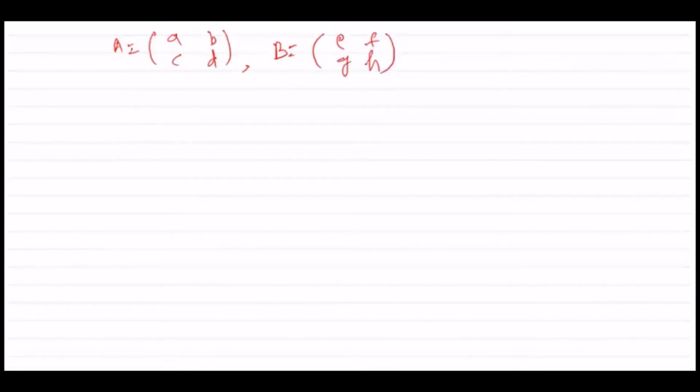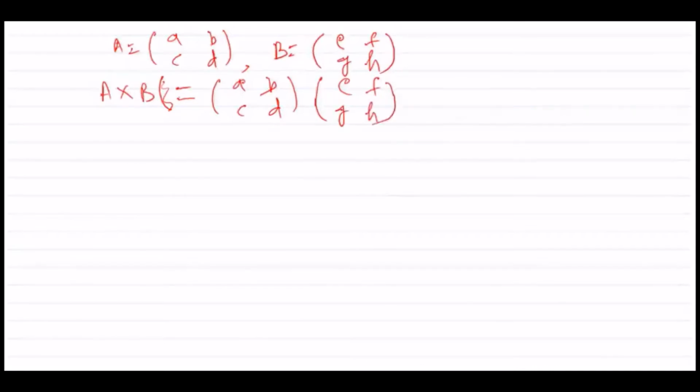When we multiply these two, what do we get from here? Multiplication is row into column wise. So we start from here and then here: ae plus bg. Similarly, other terms we can also write.